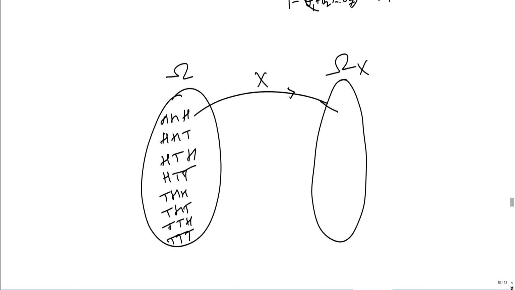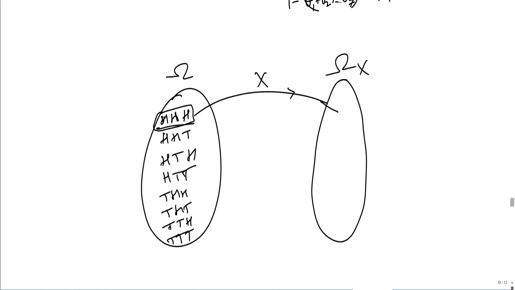But how can it do it? The function would have to be of this nature. Let us say the function counts the number of heads in whatever possible outcome you have here. It takes each possible outcome as an input, and it counts the number of heads in that outcome to give you an output.